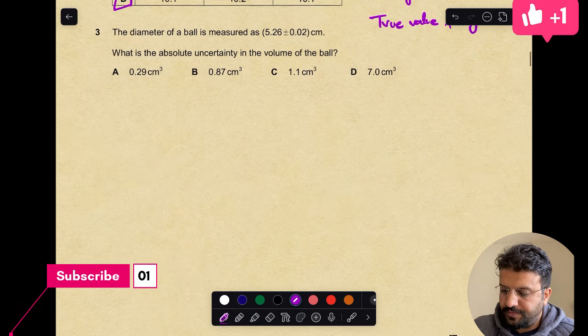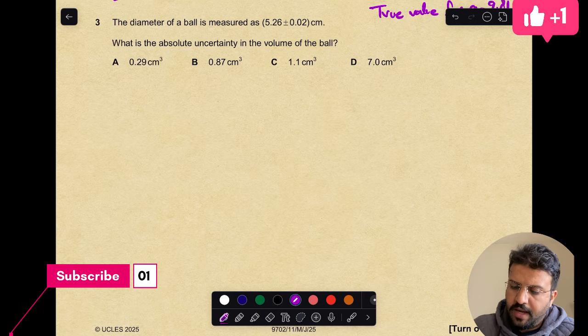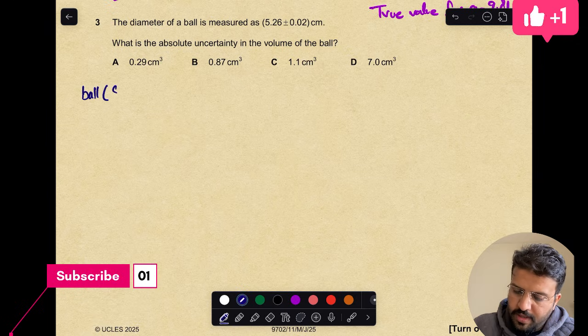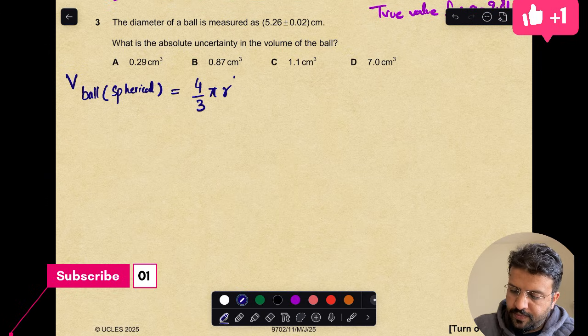Okay, in the next question, the diameter of a ball is measured, and what is the absolute uncertainty in the volume? First you need to know the formula for the volume. The volume of a ball, a spherical object, is 4/3 pi r cubed.